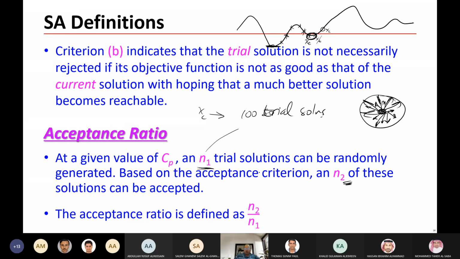So if you have this ratio very close to 1, and you generate 100 trial solutions and accept all 100, it means you reach the melting point. The CB becomes very high.